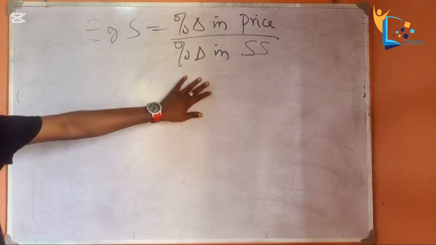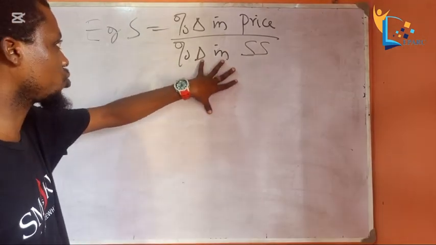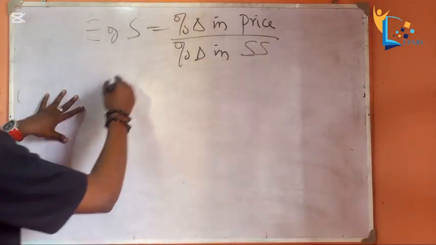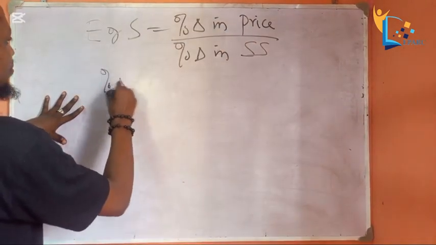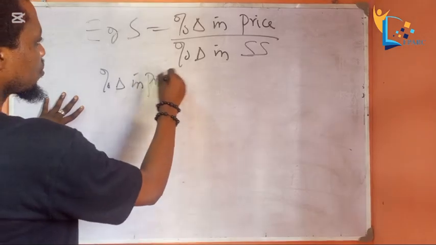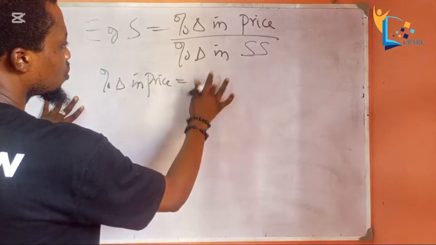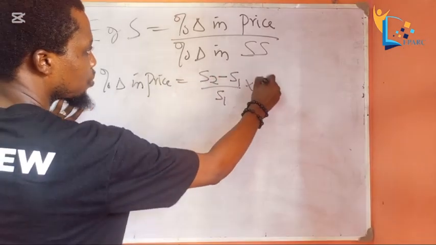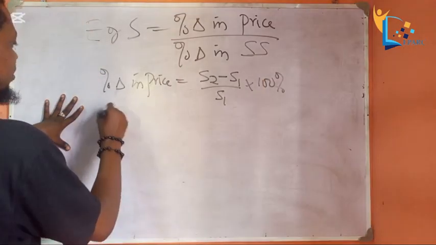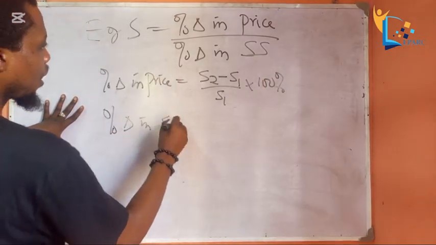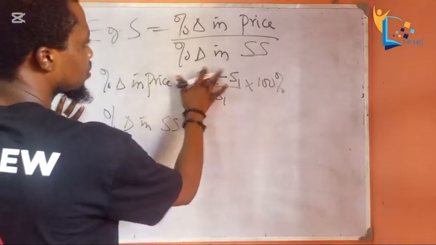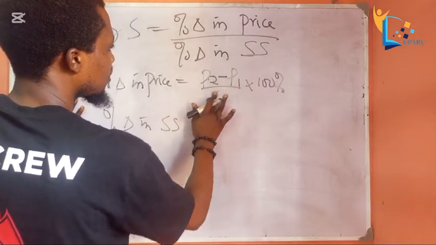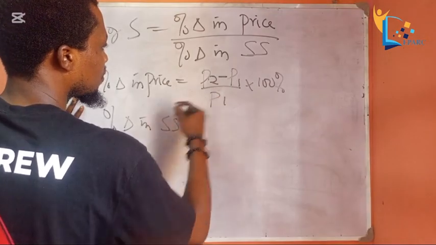This is the formula for calculating elasticity of supply: percentage change in price divided by percentage change in supply. Percentage change in price is P2 minus P1 all over P1 times 100%.